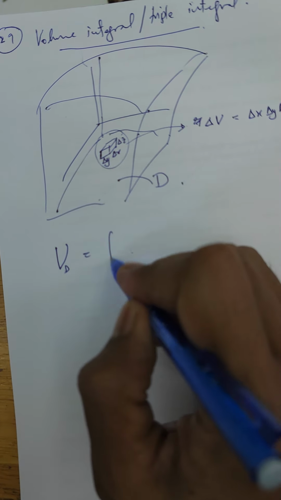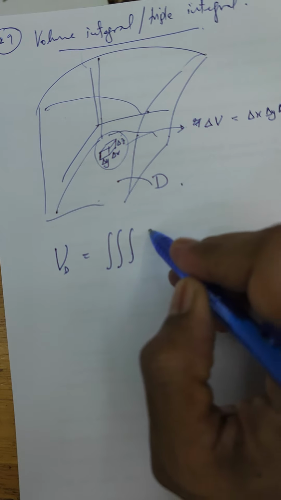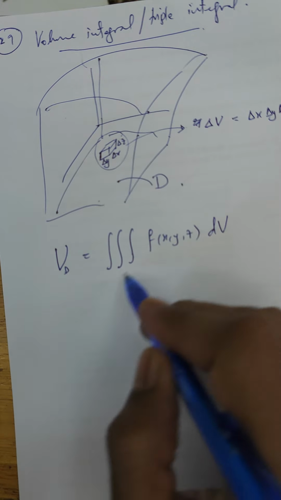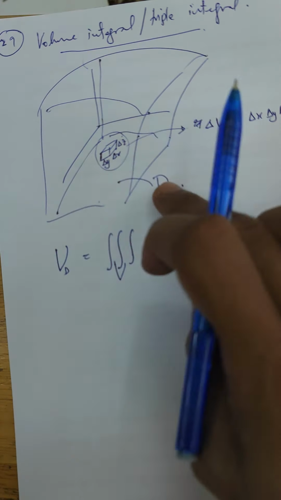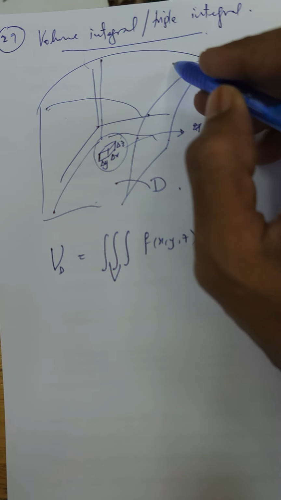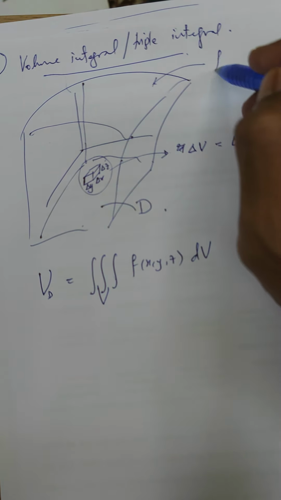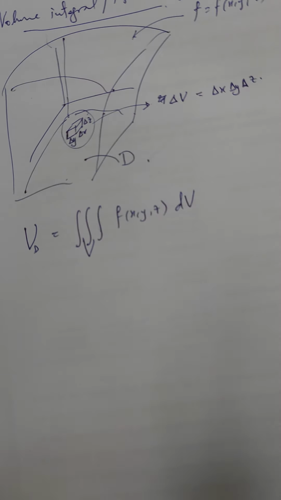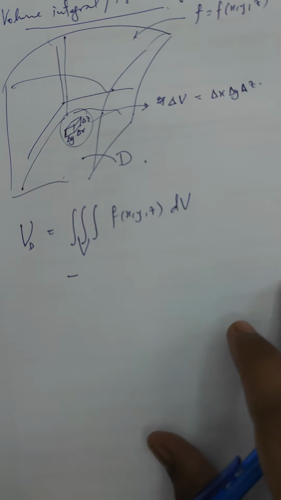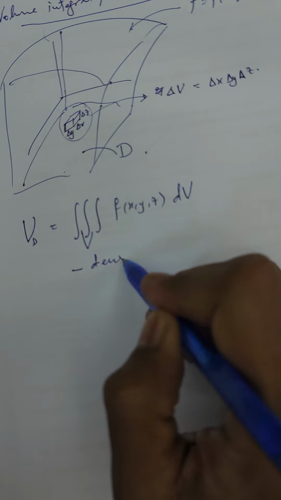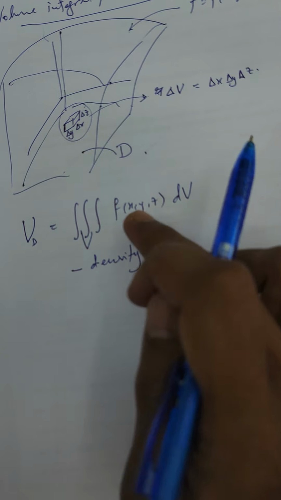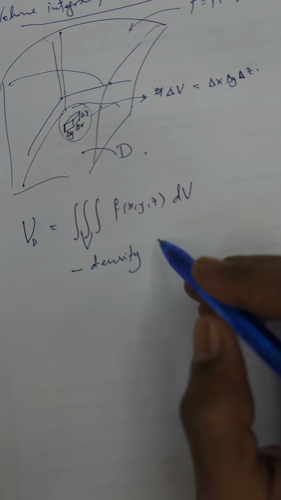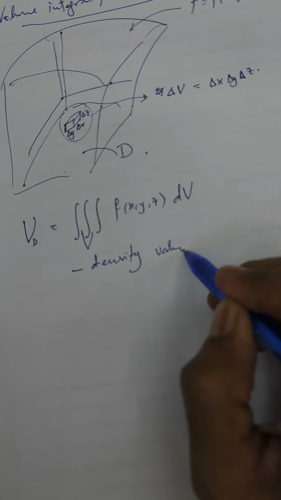So if you find the integral over the volume D, this is given as the integral over the function f(x, y, z) dV. So we integrate this over the entire volume there. This f gives the density, with f different than 1, the density value per unit volume.